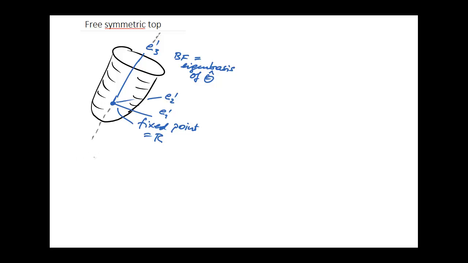There is an axial symmetry around this axis. This axis is also called the figure axis. So around this so-called figure axis, you have axial symmetry. And due to the symmetry, this symmetry axis, this figure axis, will also be one of the principal axes.